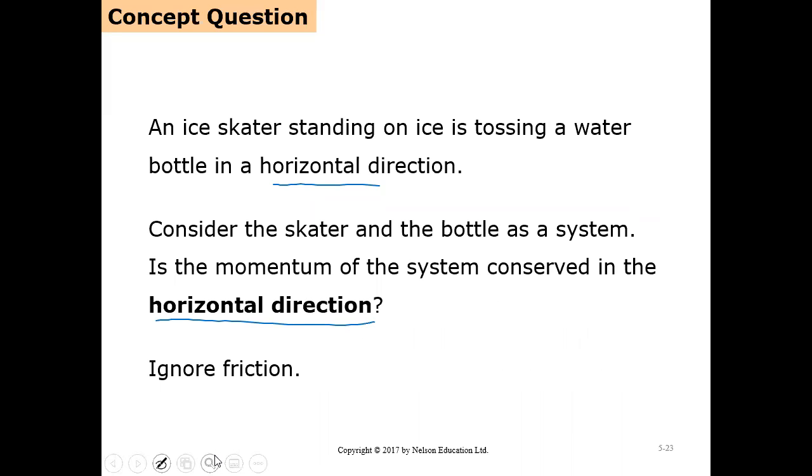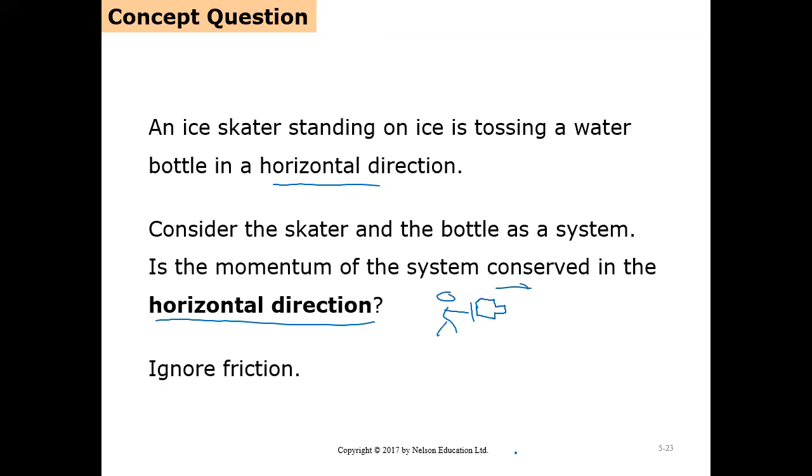He's throwing in the horizontal direction. The bottle is being thrown in the horizontal direction, so it is thrown like this. We apply a force, so it is thrown horizontally. So now, we can separate directions.